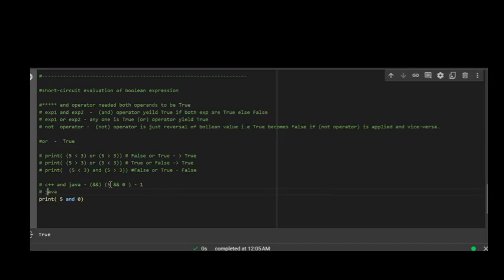It said you cannot use the AND operator with a numeric value directly. You have to have a logical true or false value rather than a numeric value. So that means 5 and 0 will throw an error in Java.